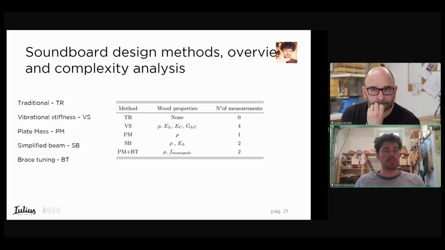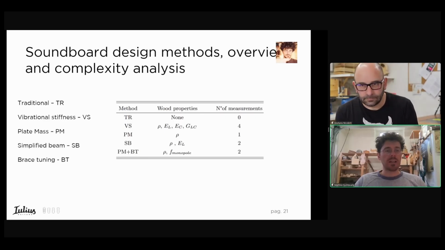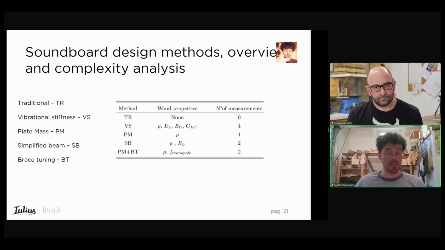So you can build it so that the mass is always the same. You can drum sand it until the mass is the correct one, without drum sanding too much, of course. The simplified beam requires 2 properties, which are the density and the longitudinal stiffness, which can be measured and are not so complex to measure anyway.